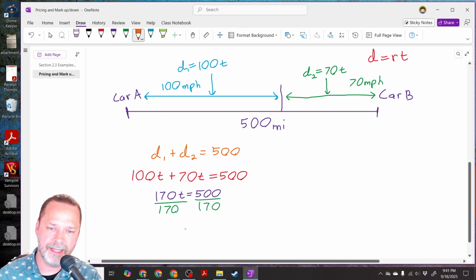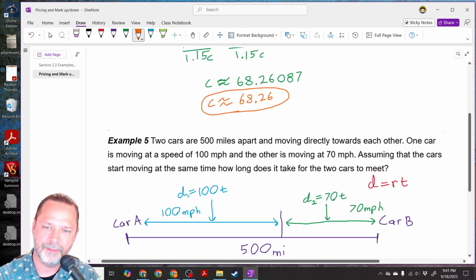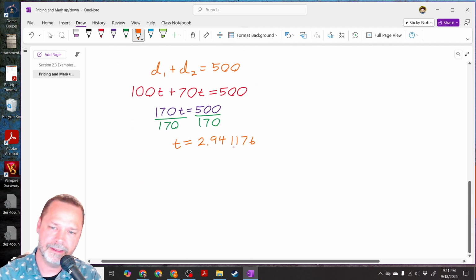And we shall get that t equals whatever 500 divided by 170 is, which is about 2.941176. And what is t? T is hours, so hours.